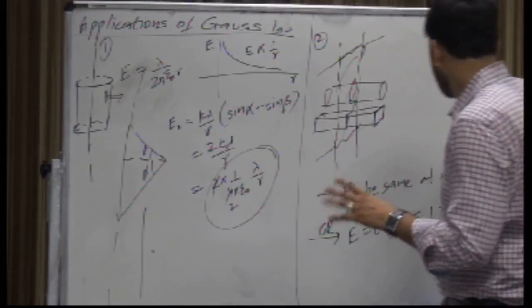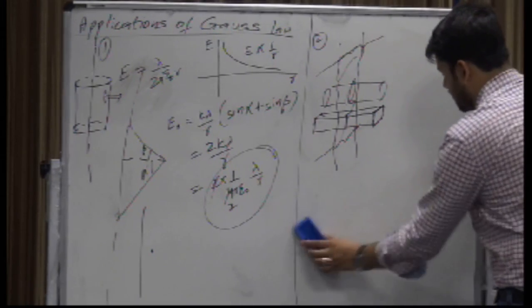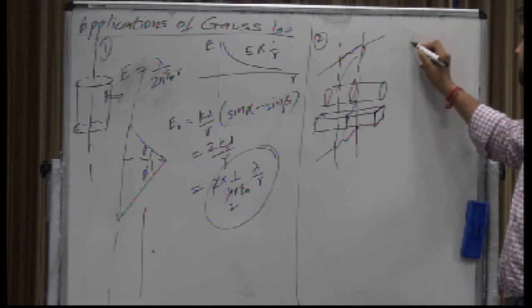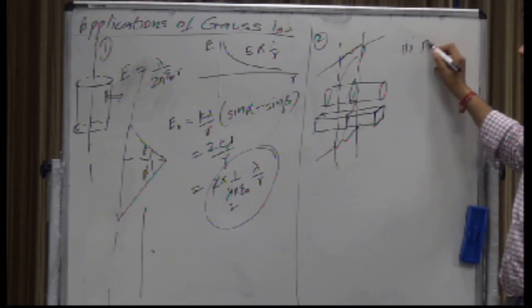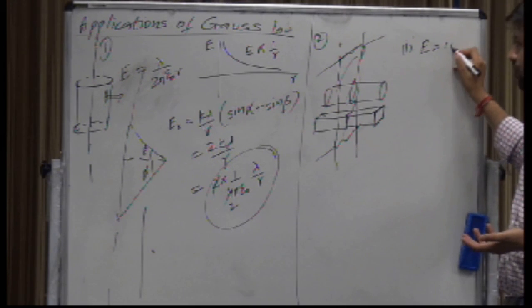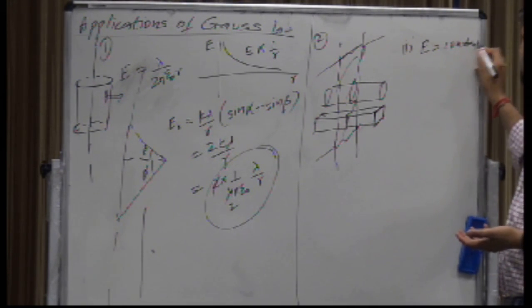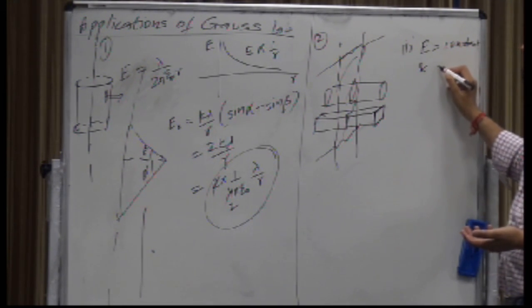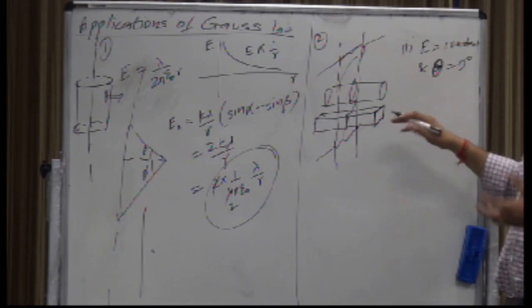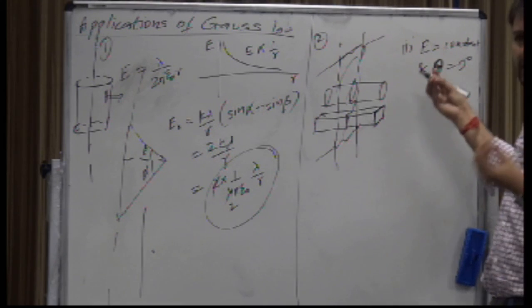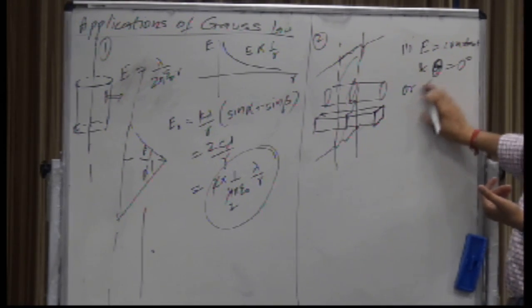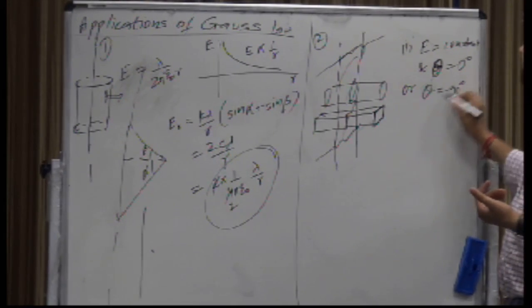I will summarize everything. How to choose the surface? First point: either E should be constant in magnitude and theta should be 0 for some portions of the surface, or other portions should have theta 90 degrees.